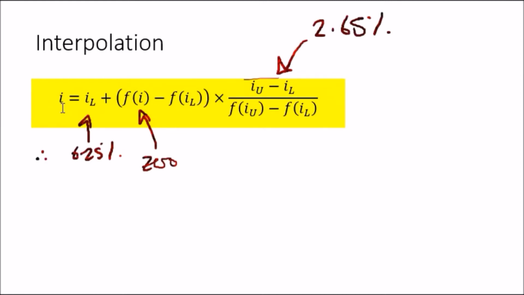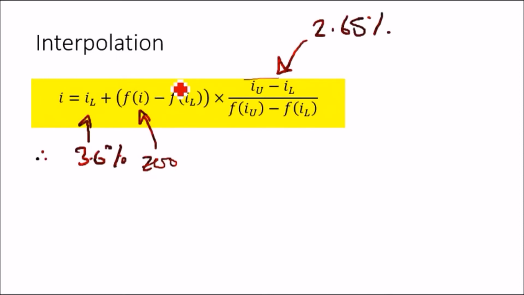So the true yield I is equal to the lower bound yield, which is not 6.25%, it's actually 3.6%. Don't worry, the answer is correct. I double checked it, guys. And the function is plus the difference between the function at I and the function at the lower bound rate in that equation of values.